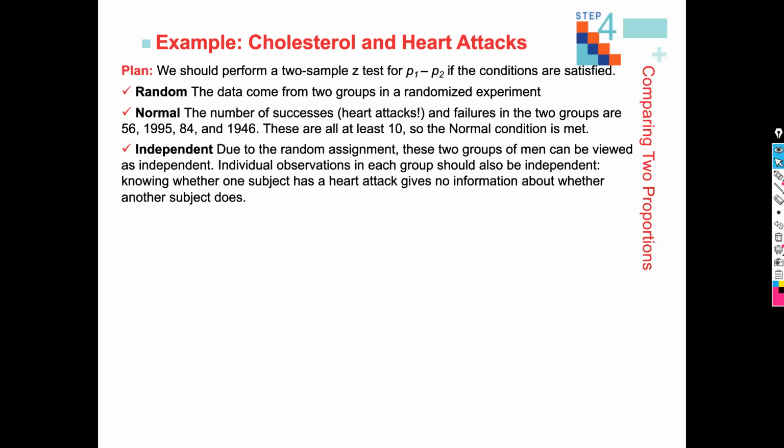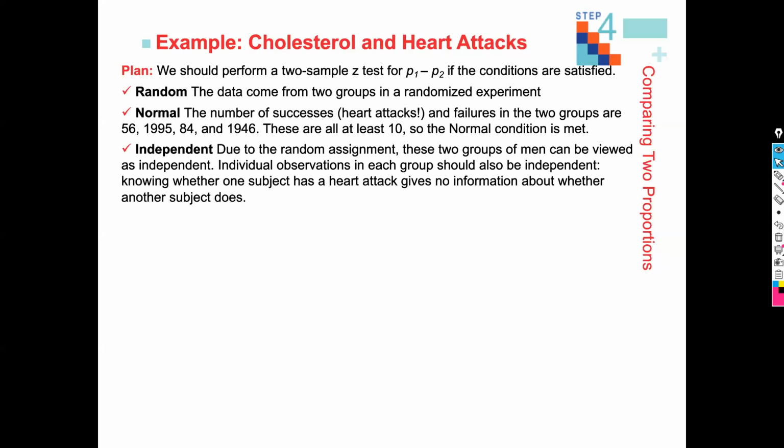The book frames these in terms of successes and failures. I usually put it in terms of the thing happens or it doesn't. And so the thing happening in this case would be a heart attack.